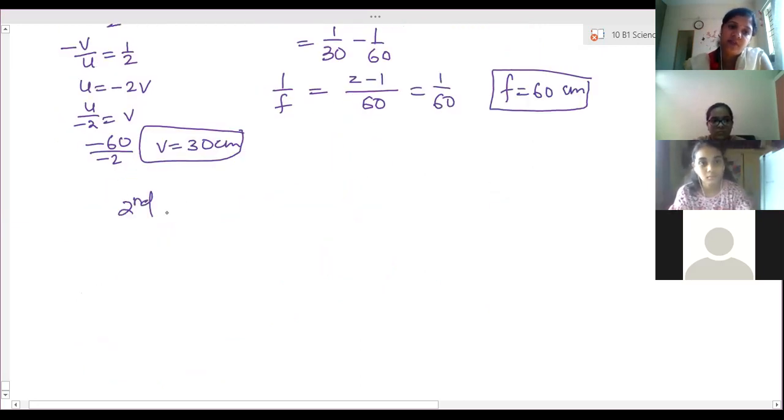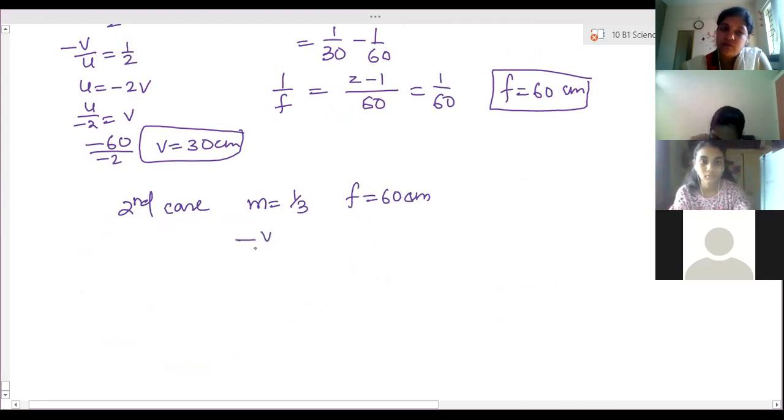Second case: magnification is 1 by 3 and focal length is 60 centimeter. So minus v by u is equal to 1 by 3.